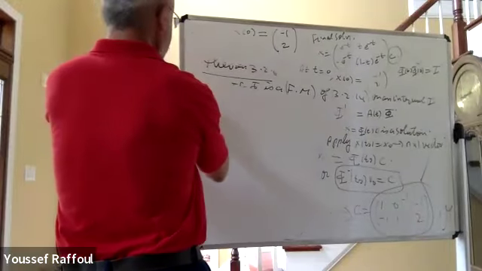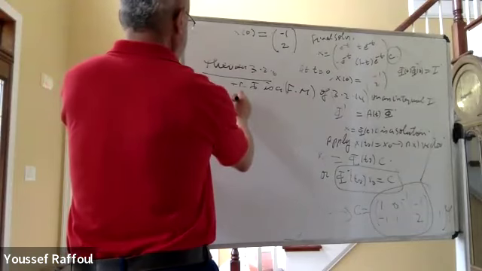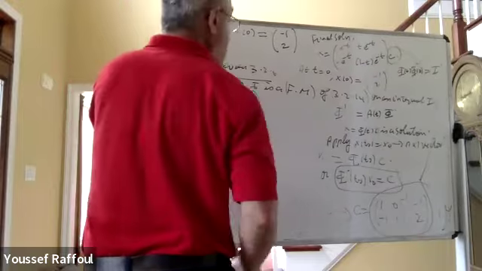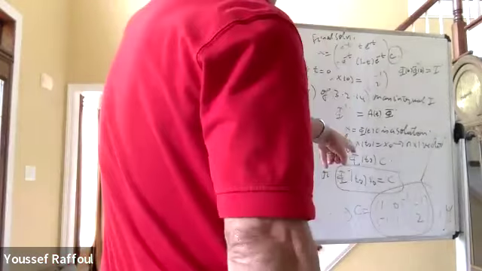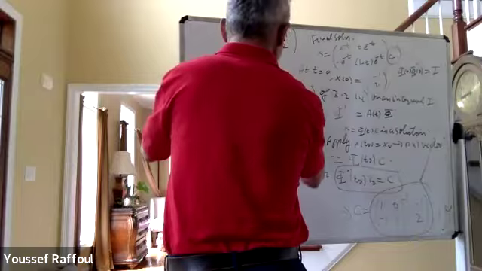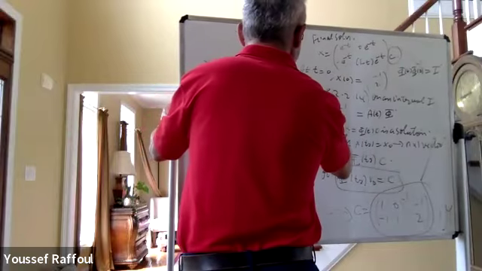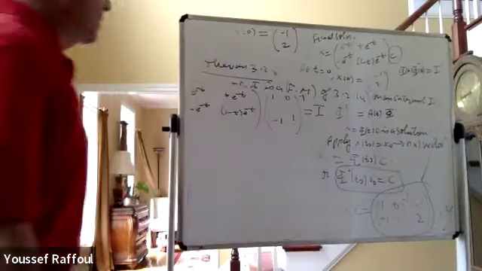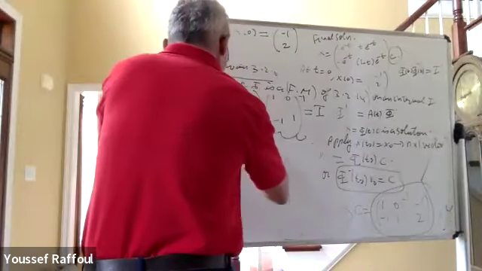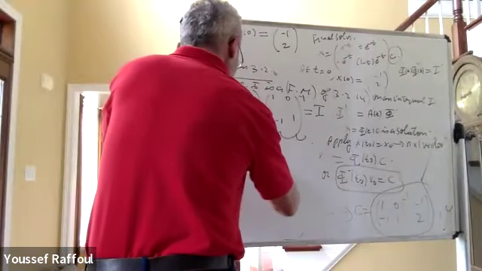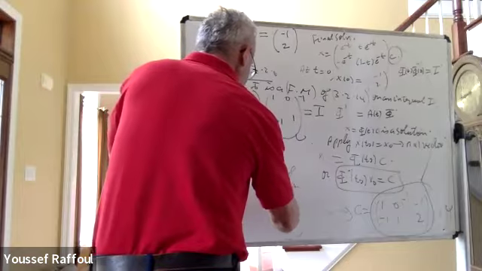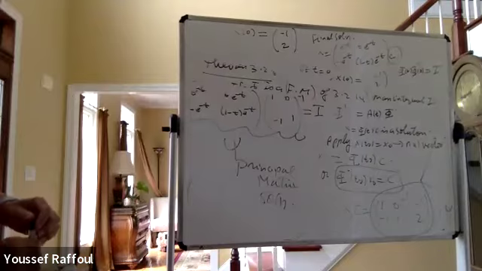E to the minus t, minus e to the minus t, t e to the minus t, 1 minus t e to the minus t, times phi inverse of that, the inverse of 1, 0, minus 1, 1, and that is going to give you I. So this is the principal matrix solution.